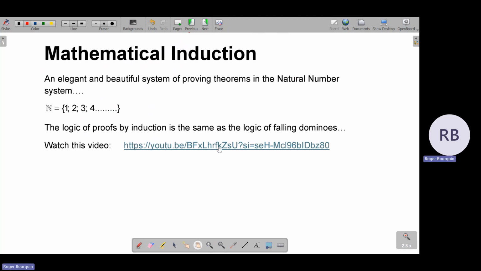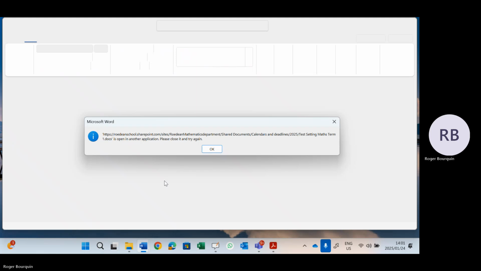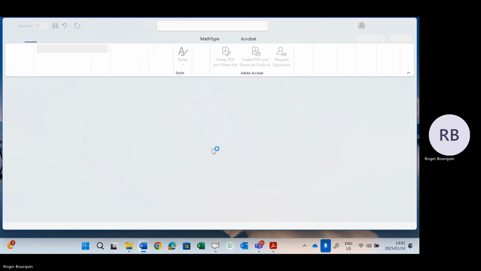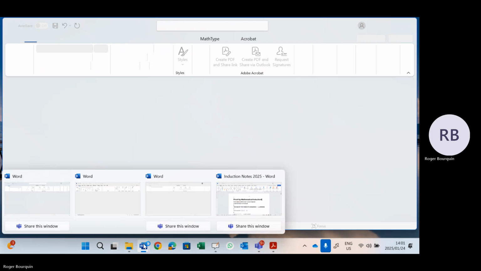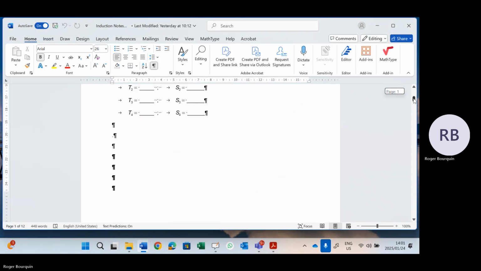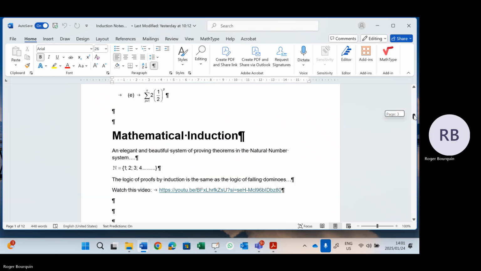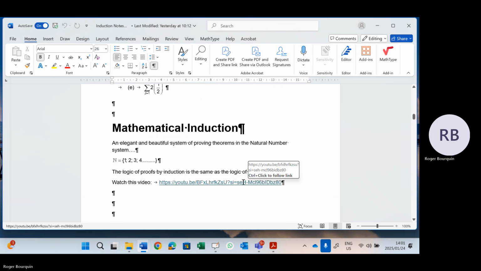Can I open hyperlink? No. I'm going to have to go to the actual document. Thinking. All right. So, let's see.